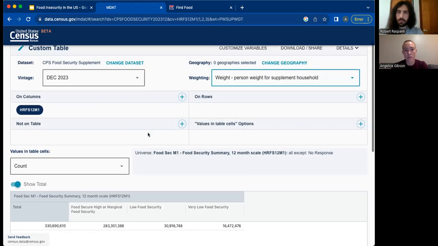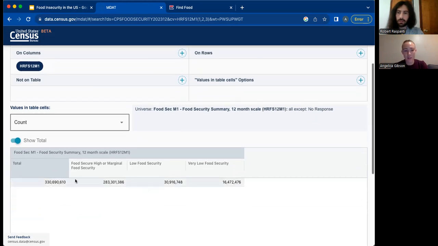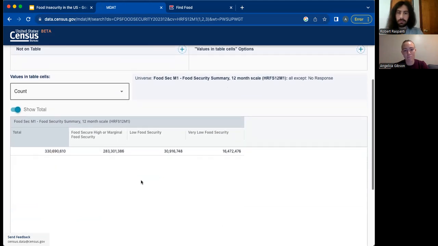And if all of that is set, if you've changed the weighting and everything, these are the numbers that you should be seeing. And if you correctly got these numbers, then that means you're an expert.